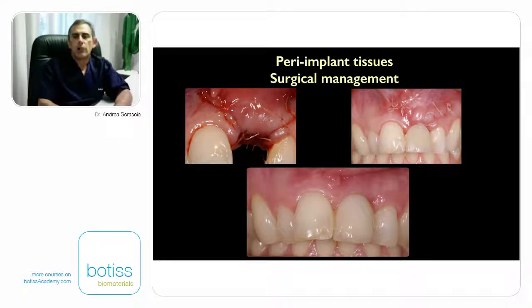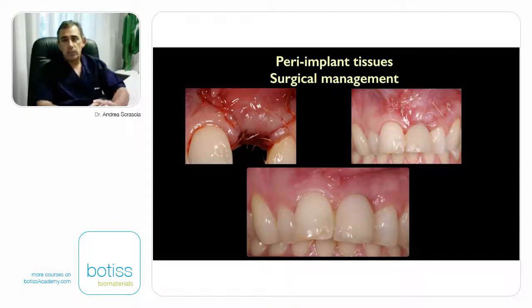I kept track of the healing process, and after having executed the implant therapy with the flapless technique, this is the result after 5 years. I care about showing you how the incision technique permitted achieving a satisfactory aesthetic result.